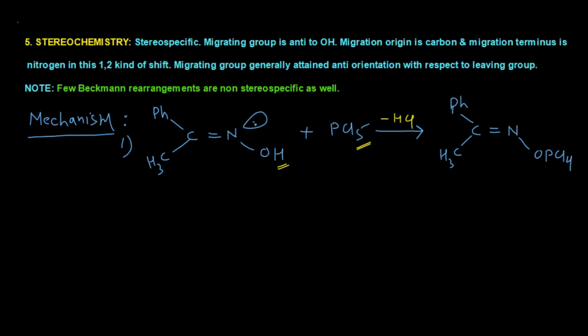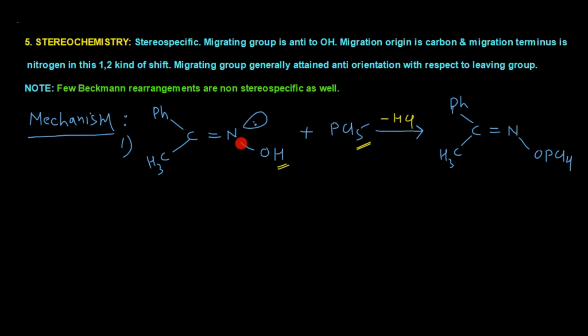So what is the need of this, right? You must understand why we have converted this OH into the OPCl4. Or say if you react with concentrated H2SO4, then H would go there and it would be OH2 positive, right? So this OH is not a good leaving group.